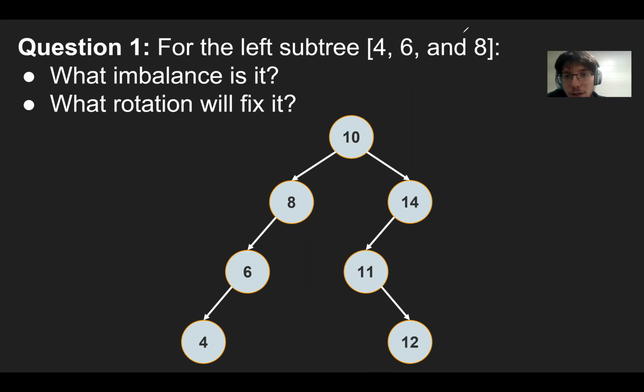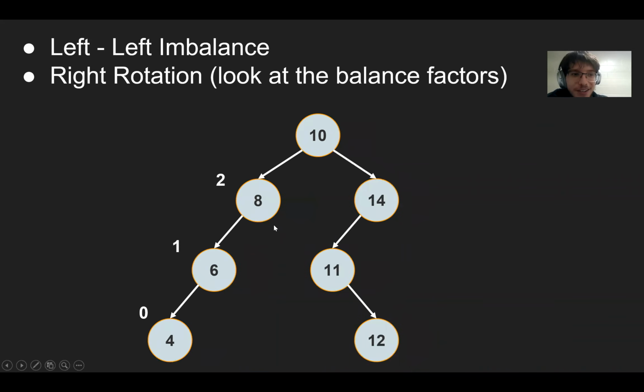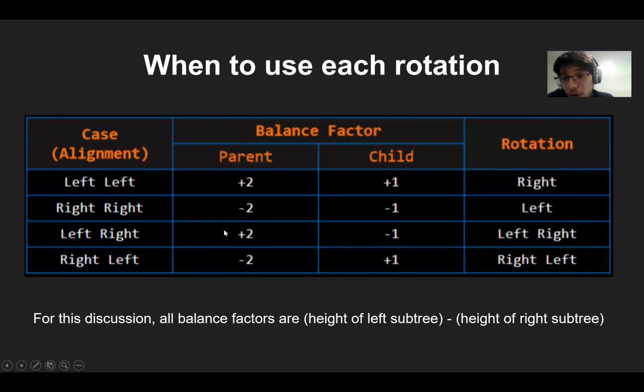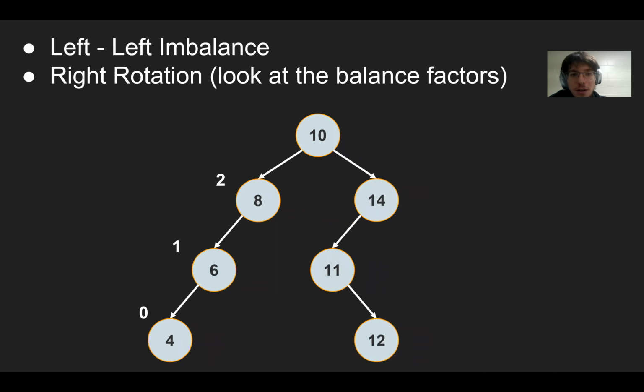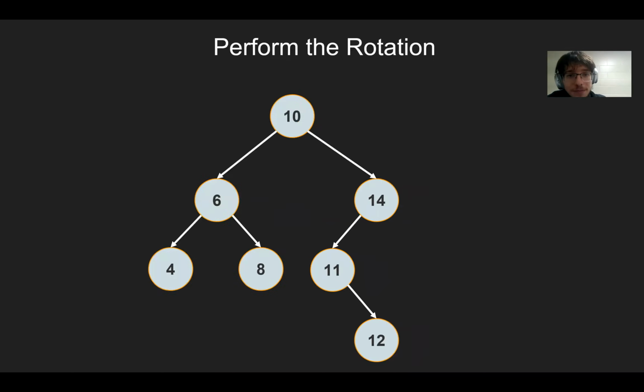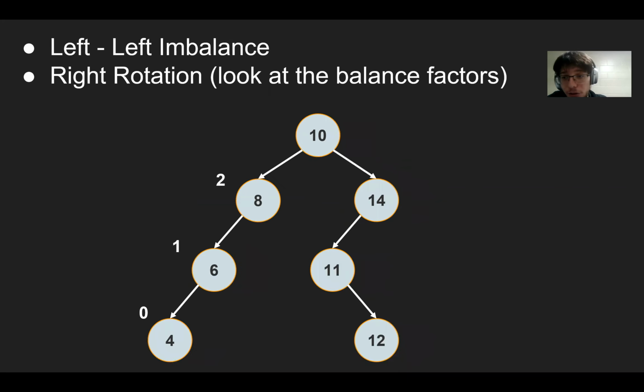What rotation will fix it? Well, what rotation fixes a left, left? A right rotation. And we can look at the balance factors, and that tells us that. So we can either go by the balance factors and follow this, or if we can actually see it, it's also kind of easy to see. Okay, so right rotation. Performing the rotation is going to look like this.